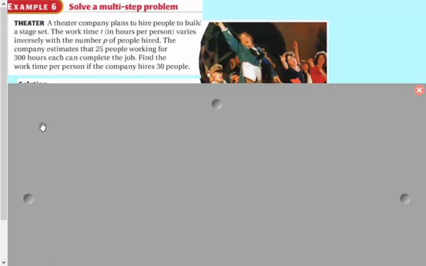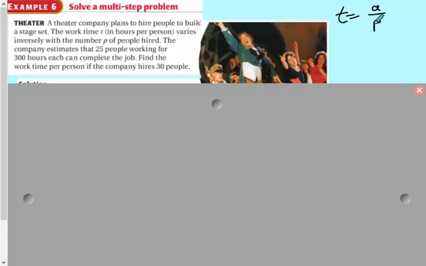Okay, so what we have going on in here is we have y equals, actually, it says the time. So time varies inversely with the number of people. It says the work time T in hours per person varies inversely with the number of people.